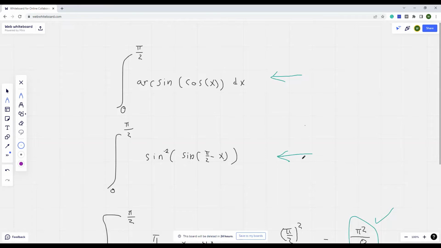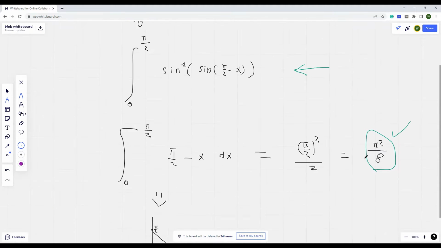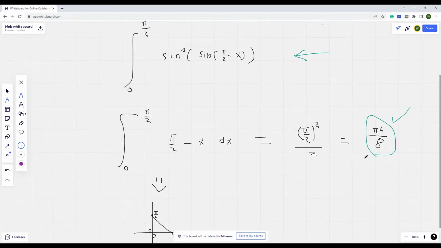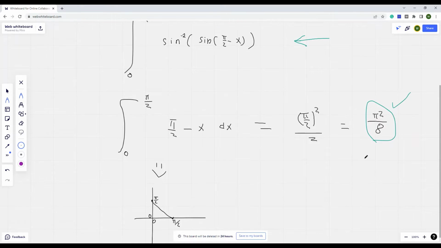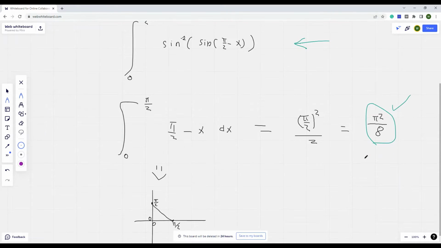It converts it back to pi over 2 minus x. You're going to have to watch out for the indefinite integral because this doesn't work over all intervals. So next, we do the inverse operation. We realize it's just pi over 2 minus x, right, is what we're dealing with here.